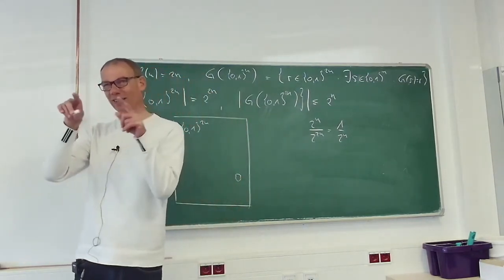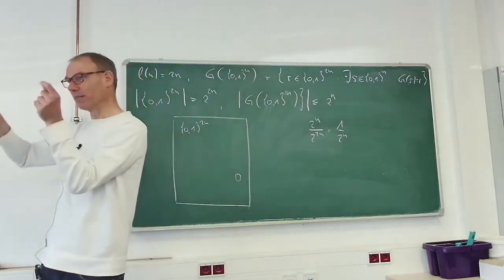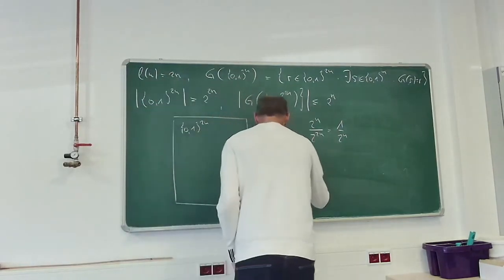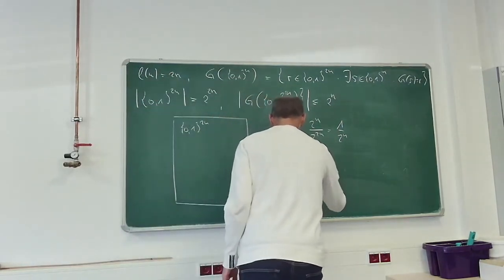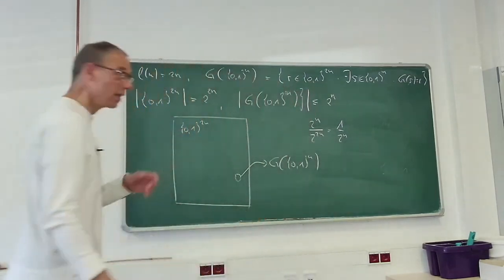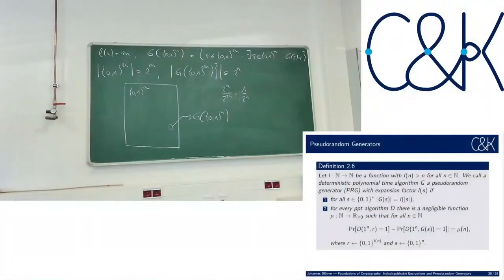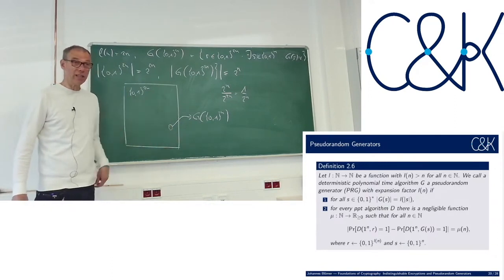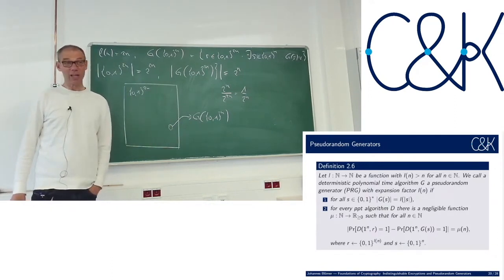Well, actually, it's not like a contiguous set. It's like points all over the place, but let me just draw it this way. I just collect them in such a way. So this is G of S. Now, this definition says, for every probabilistic polynomial time algorithm, whether I give it something uniformly picked from this set here or picked from this set here, it behaves almost identically.